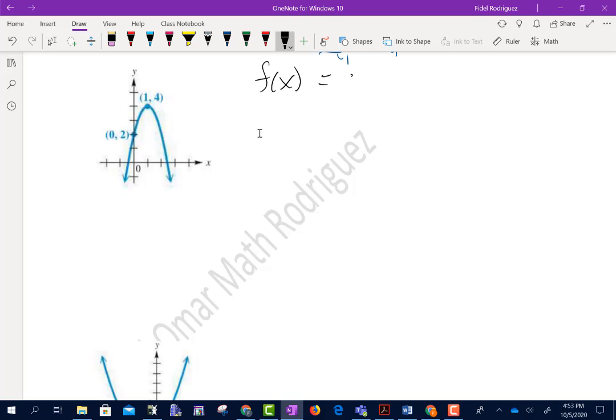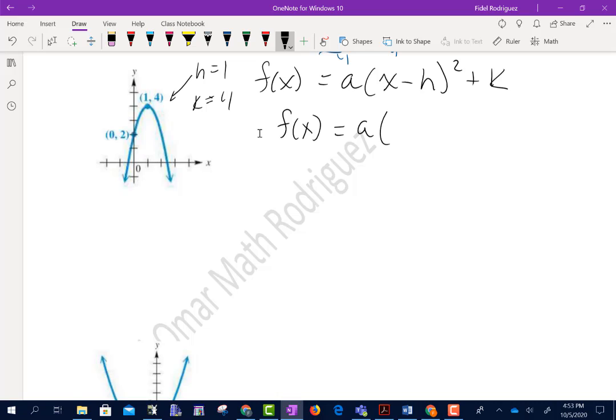f of x equals A (x minus h) squared plus k. So remember, here's my vertex, my h and k. So my h is 1 and my k is 4. So f of x equals A (x minus 1) squared plus 4.